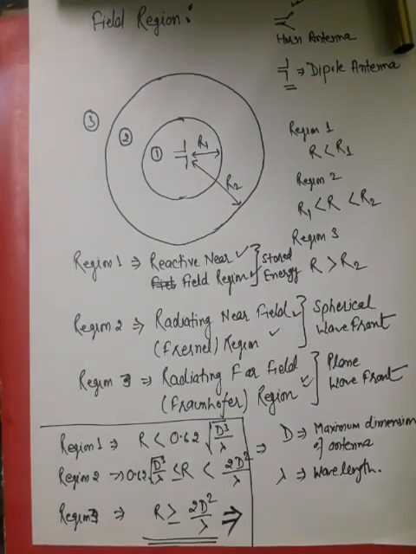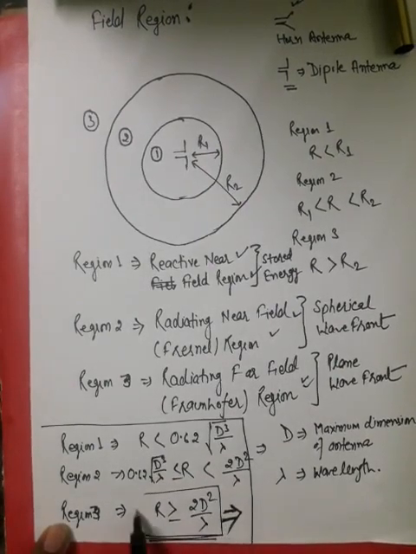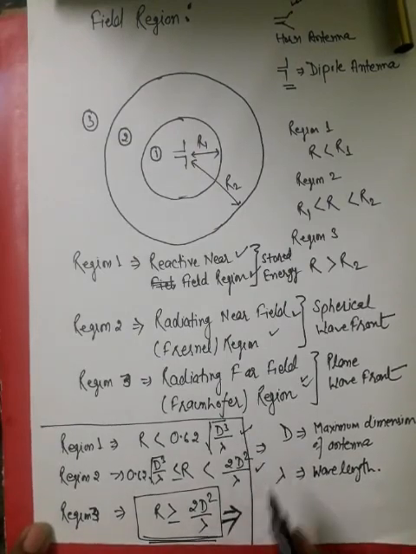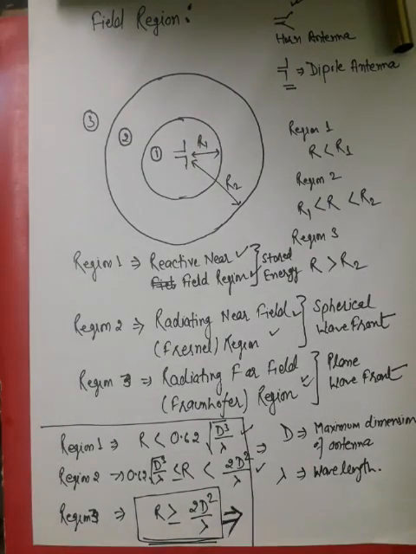In wireless systems, mobile systems and satellite systems, the transmitter and receiver antennas are located in the far field region. There are very few applications in which we work in region 1 and region 2. So in most cases, we are working in region 3.